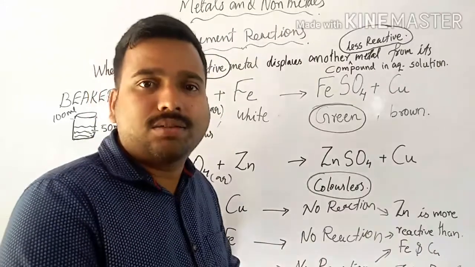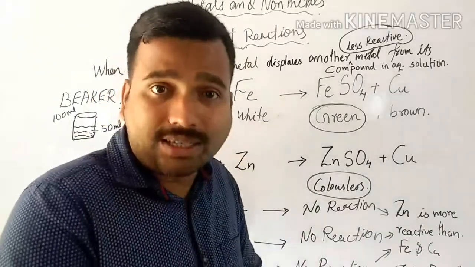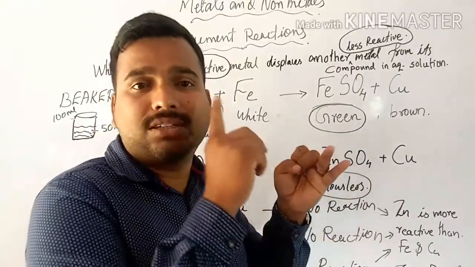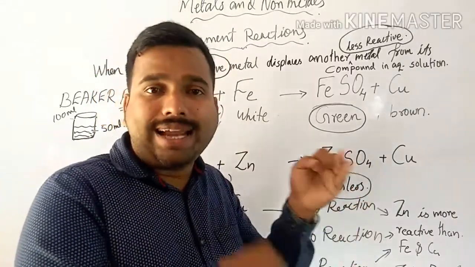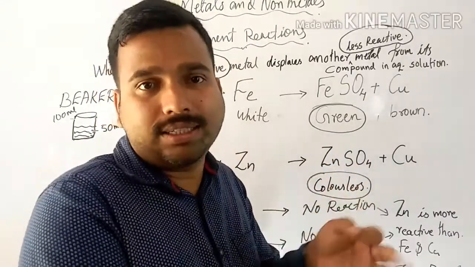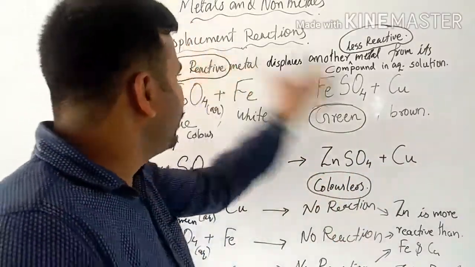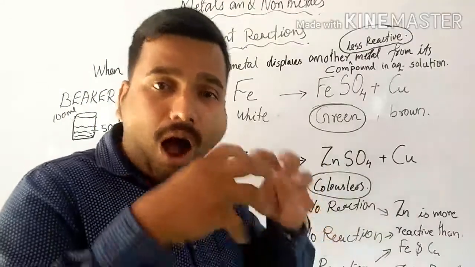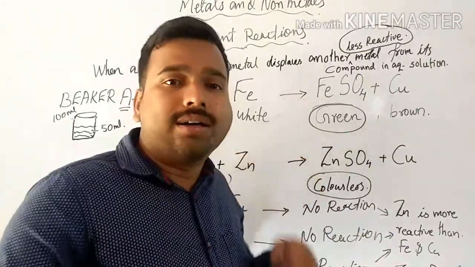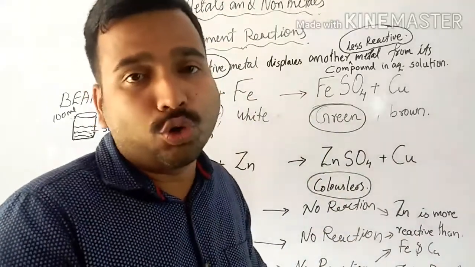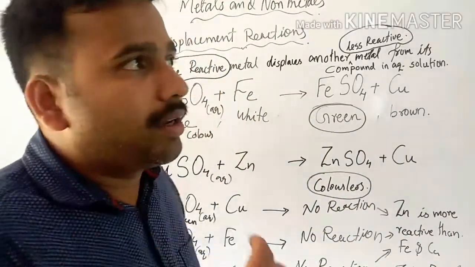We already discussed the reaction of metals with oxygen, with water, with acids, and with bases. In today's video we are going to discuss how these metals react with other metal salt solutions, say copper sulfate.